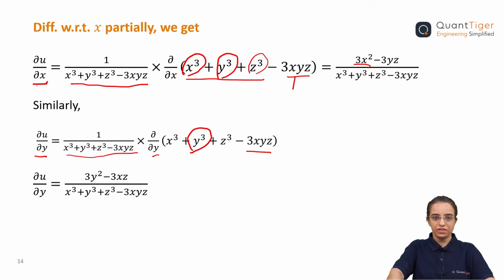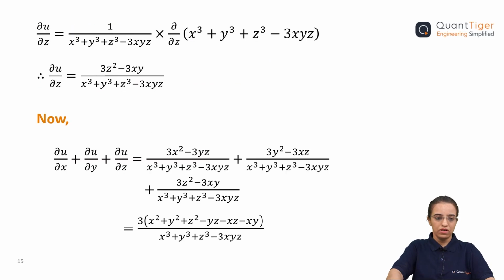Similarly we can differentiate with respect to z also. So there I will get del u by del z, since it's a log function 1 upon the function, and differentiation of this given function with respect to z. Since differentiating with respect to z, x and y will become constant and that differentiation will be 0. इसका z cube का हो जाएगा 3z square and this last term will be minus 3xy.